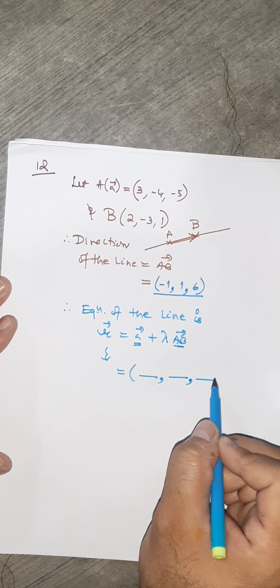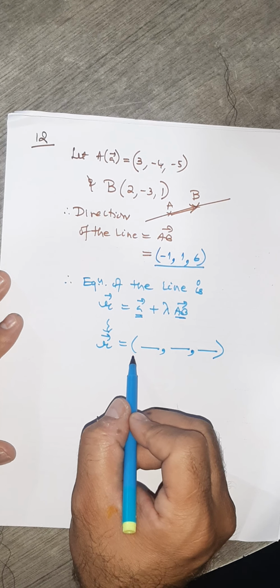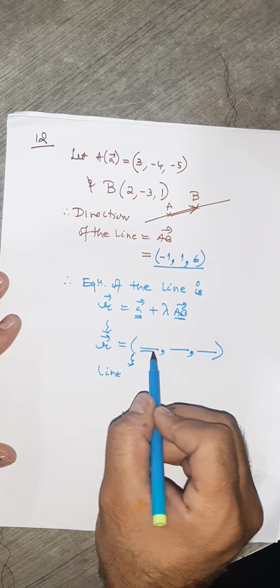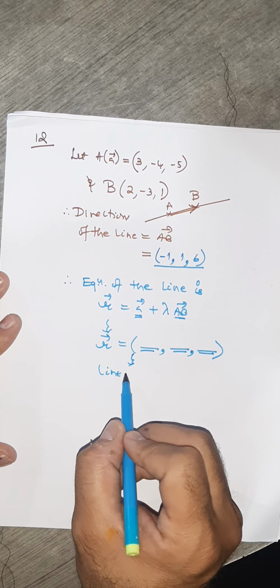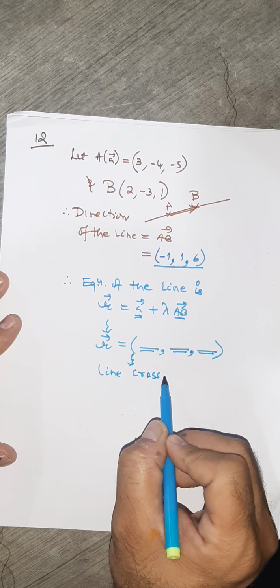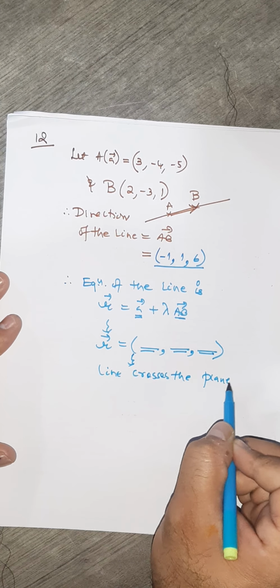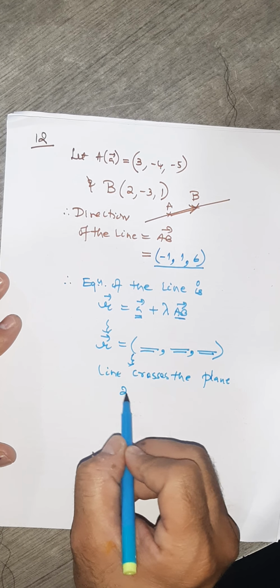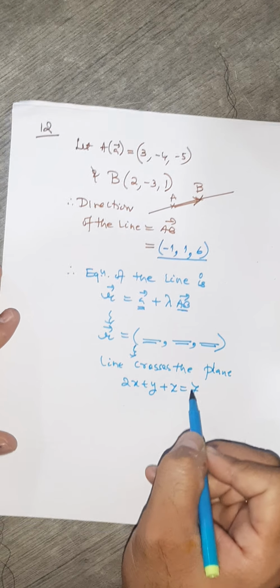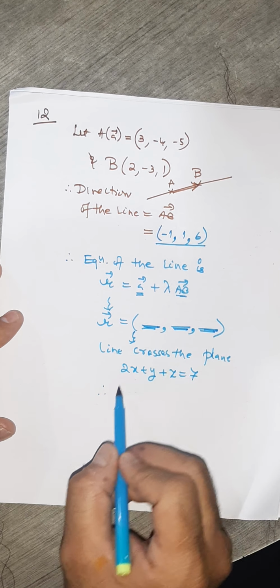You know, I did it twice in earlier questions. Now this line, you get the 3 coordinates in terms of lambda. This line crosses the plane. Which plane? That is 2x plus y plus z equals 7. Therefore the coordinates of this will satisfy this plane.